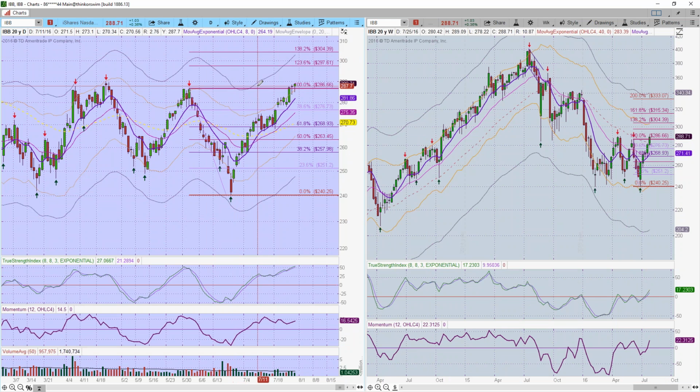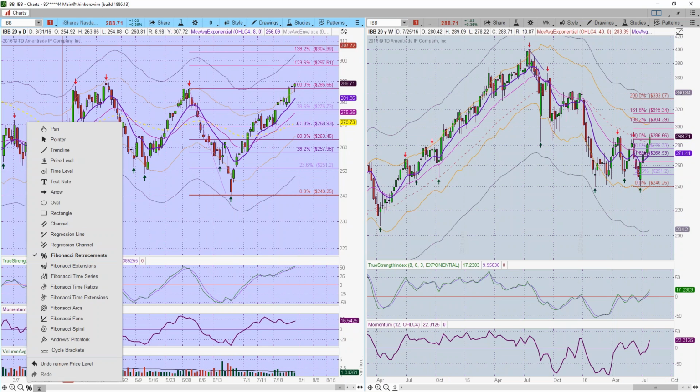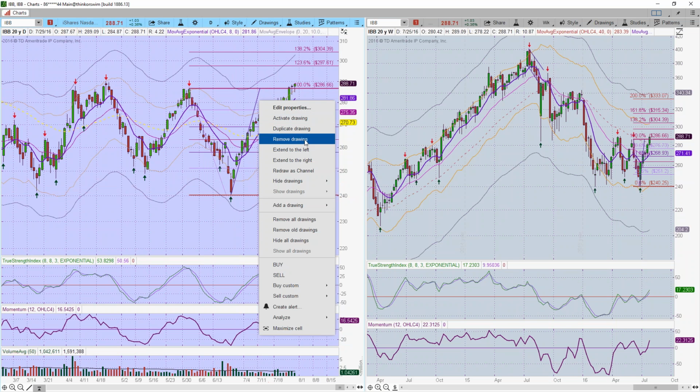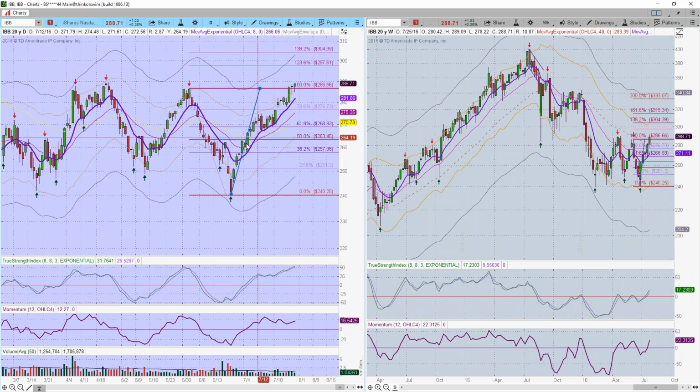From here to here, on that breakout, let's extend that upward. Of course, we probably have to go over here to the weekly chart. As you see, that puts it right back up in that old resistance over here.